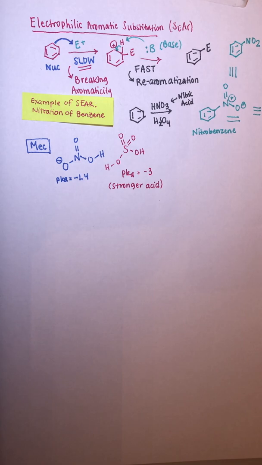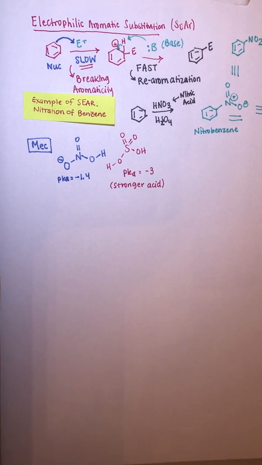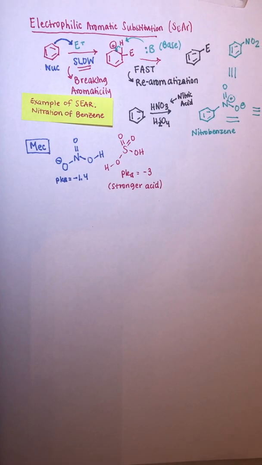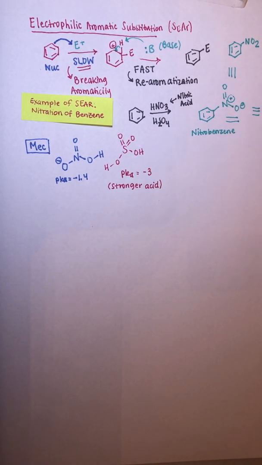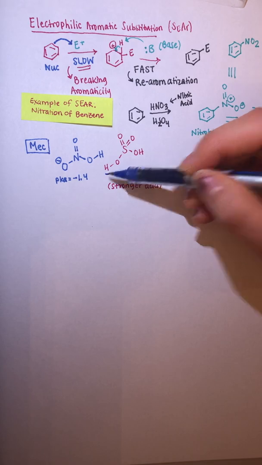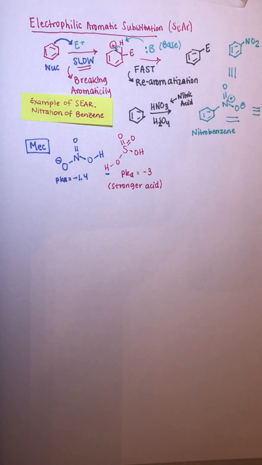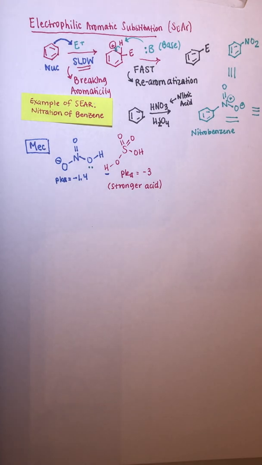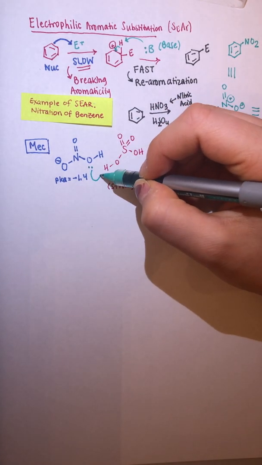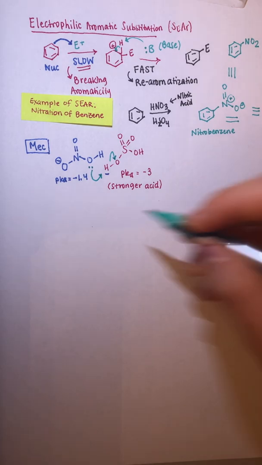Okay? Cool. So now what are we going to do with that information? Well, the one that's the stronger acid is the one that's going to be donating the proton, right? So here we have an acidic proton. These electrons from nitric acid are going to abstract this proton. This is just a proton transfer.